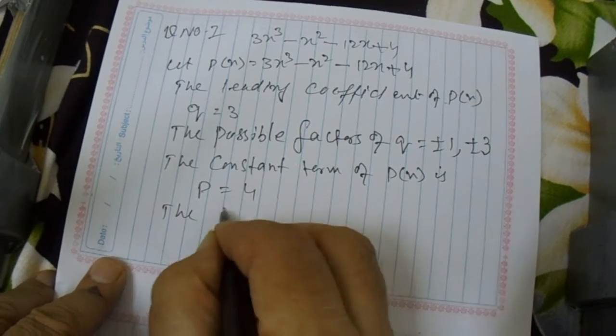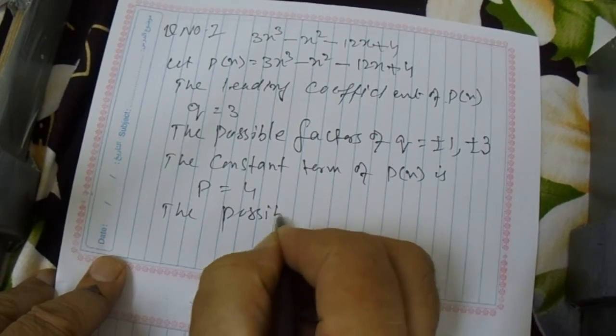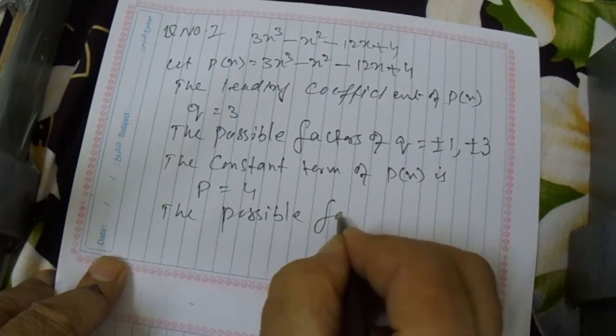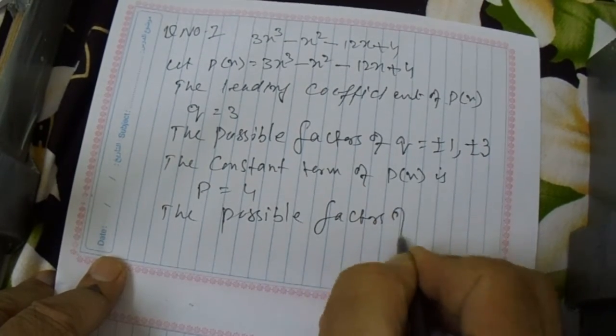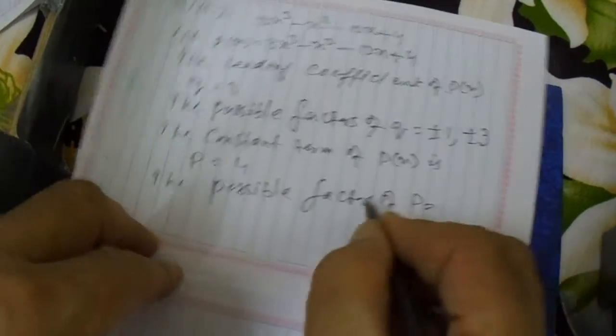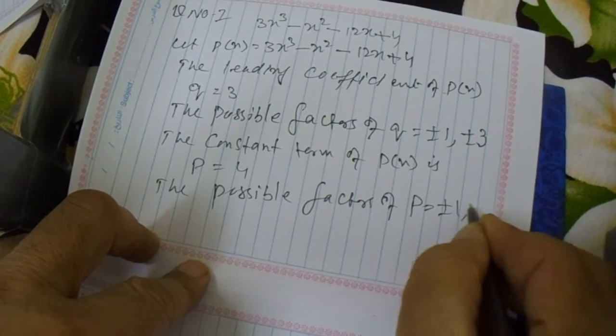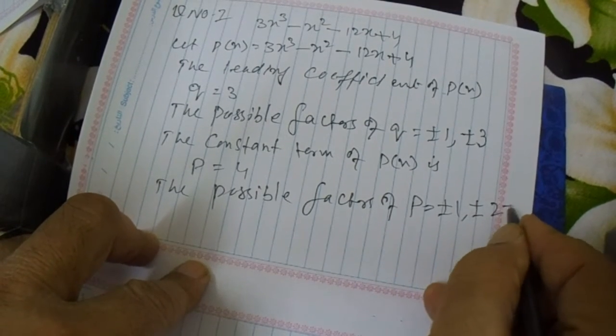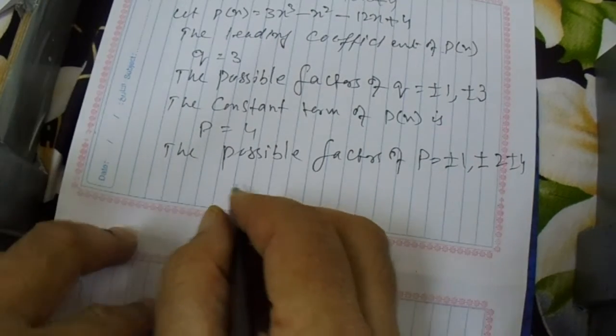The possible factors of P are ±1, ±2 and ±4.